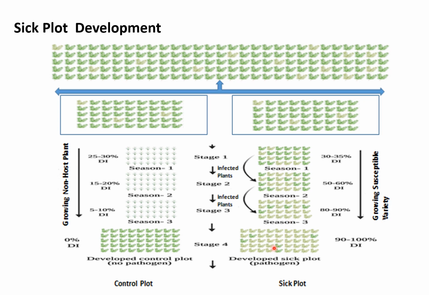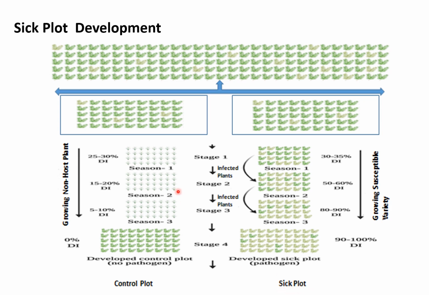It means that there is a lot of inoculum present in the soil, and if we grow plants in order to assess their resistance or susceptibility, there is hardly any chance that the pathogens present in the soil will not come in contact with those plants. So that piece of land which you develop over 3 to 4 years may be designated as a sick plot.